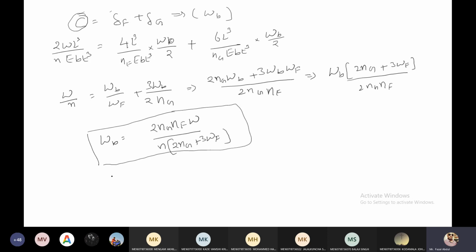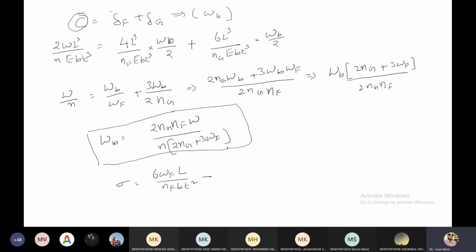So with this statement we can write the final stress: stresses in the full length leaf is 6 WF into L by NF BT square, minus the initial stresses.